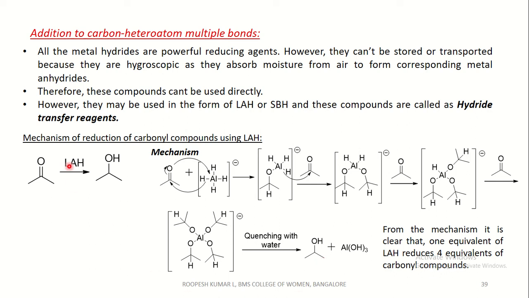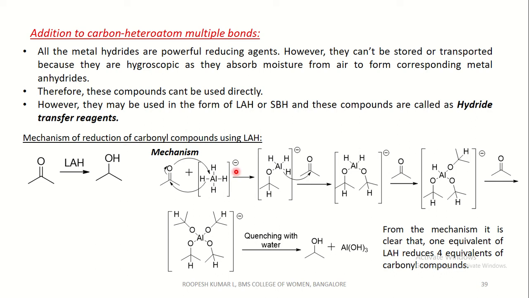Coming to the first one, the mechanism of reduction of carbonyl compounds using lithium aluminum hydride. That is, acetone gets reduced to isopropanol in the presence of LAH. Coming to the mechanism, this is the LAH, lithium aluminum hydride, with a negative charge.